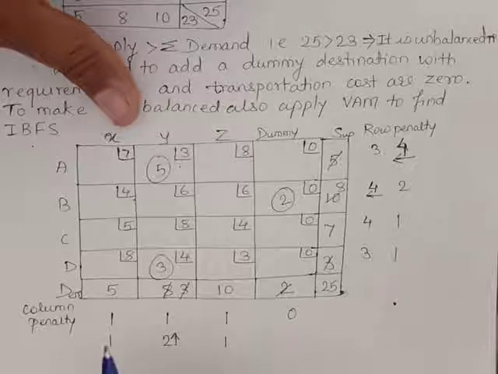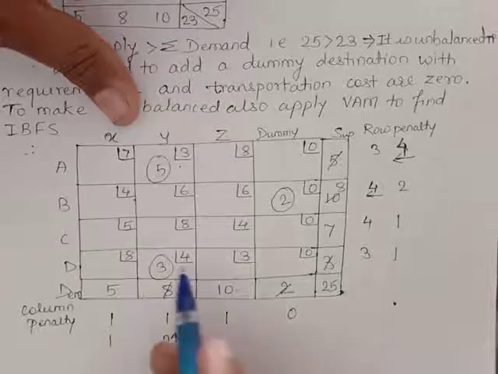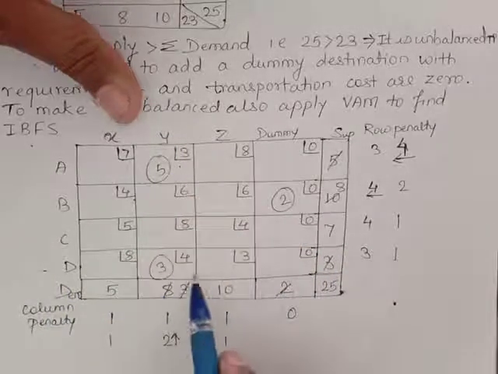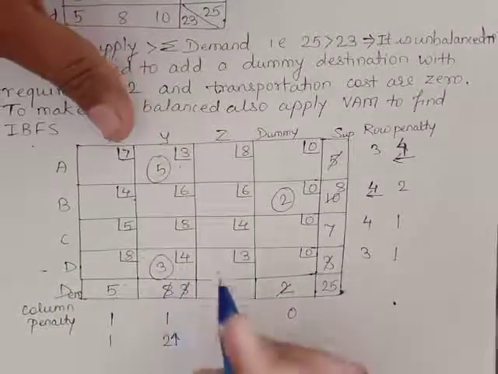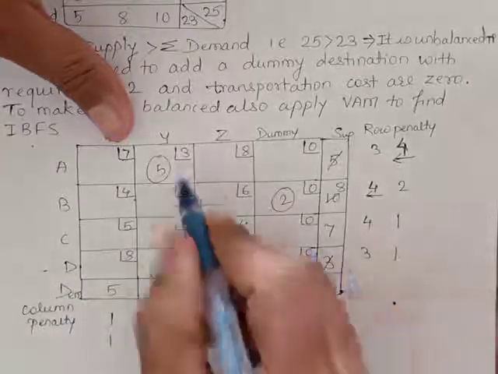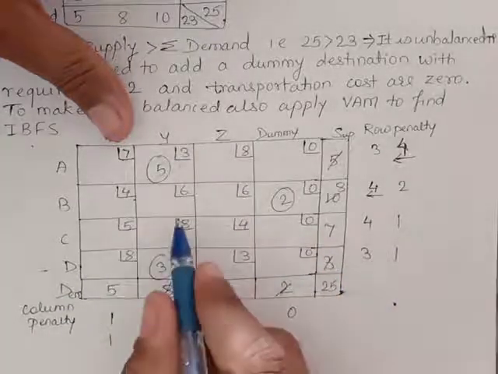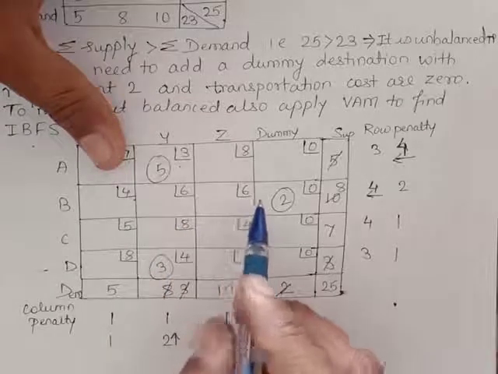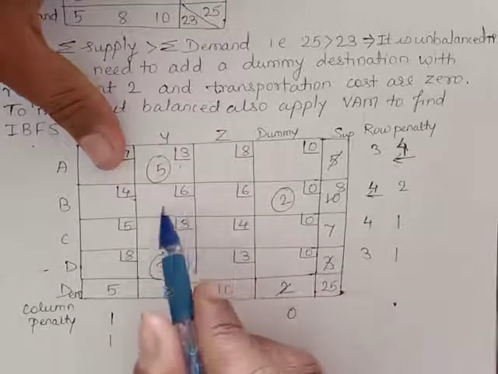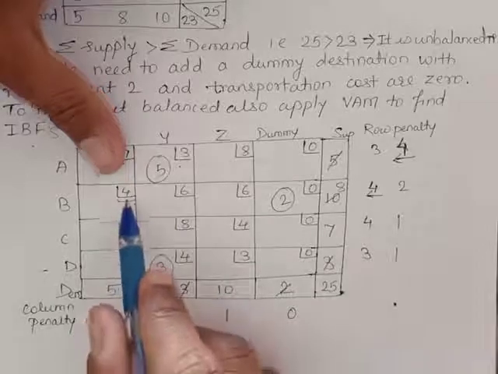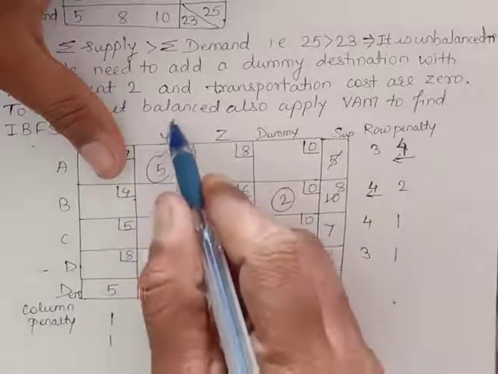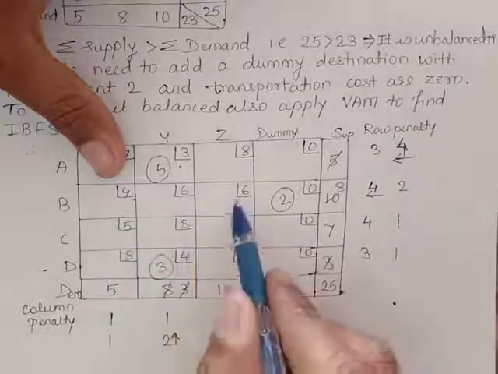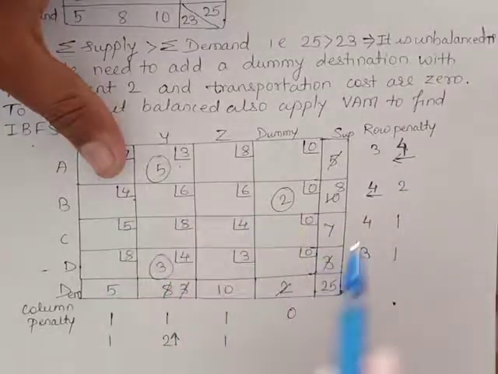Fine. So now these are satisfied. As this row as well as column are satisfied, now our row penalties as well as column penalties will change. So this column and this column we won't consider, simply these 3 rows and these 2 columns we have to consider.